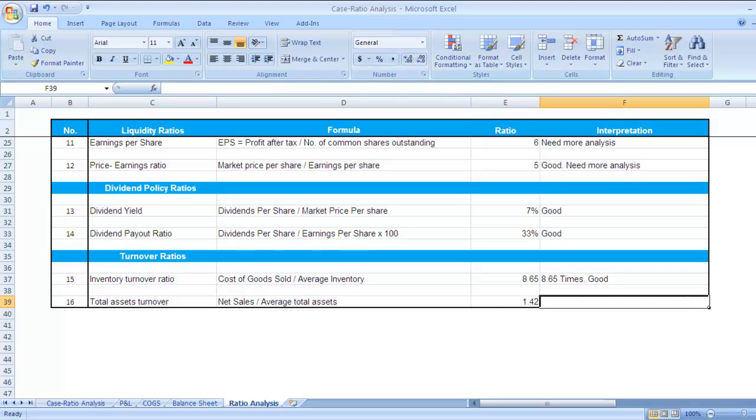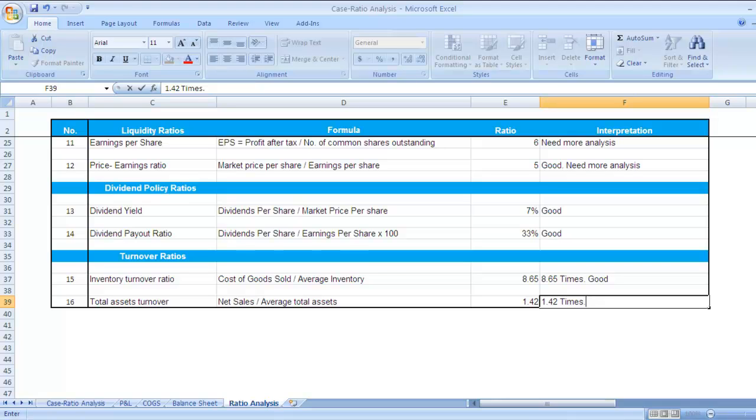So it is 1.42 times. So the total assets turnover of 1.42 implies that this company generates a sale of rupees 1.42 for 1 rupee investment in fixed and current assets together.